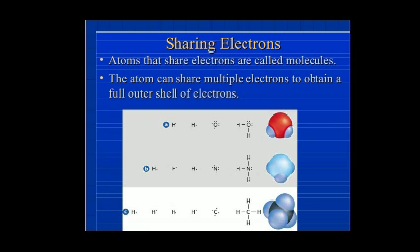Its valency cell has 6 electrons: 2s has 2 electrons and 2p has 4 electrons.